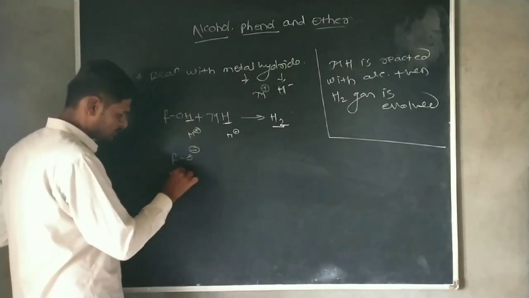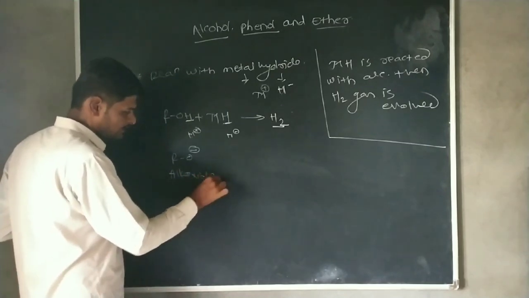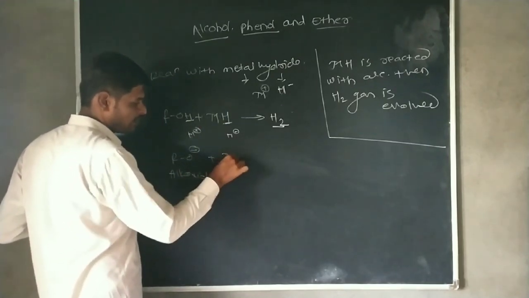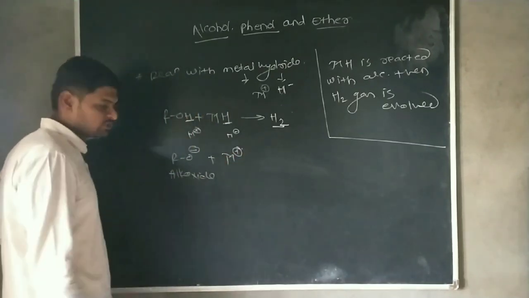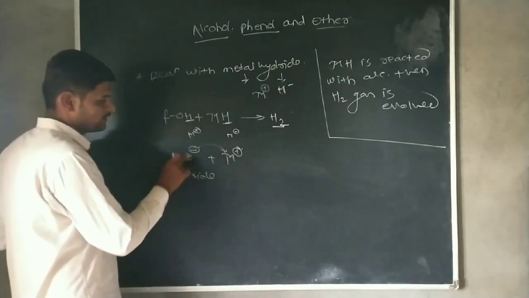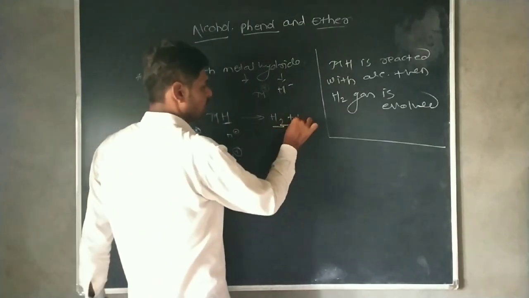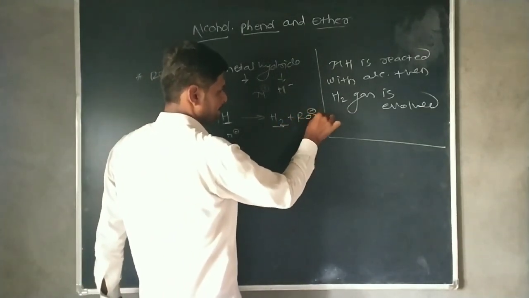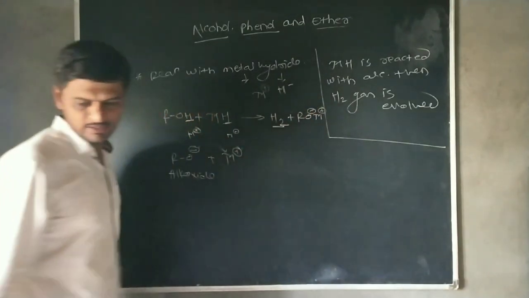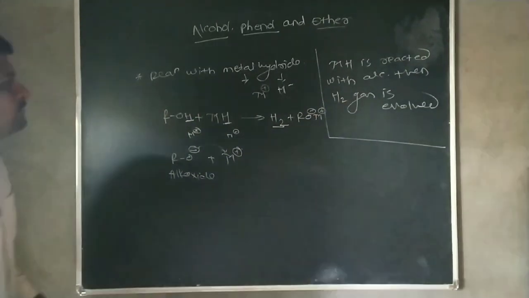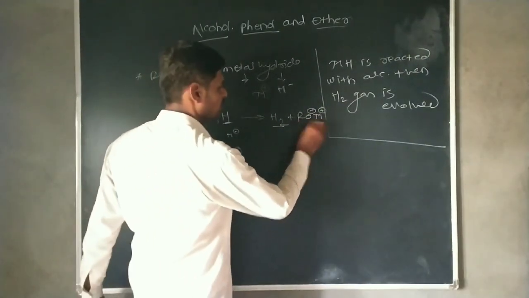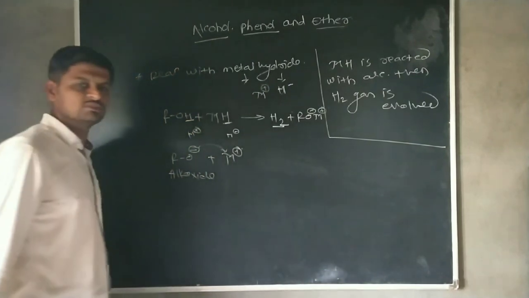This is an alkoxide ion, and the remaining alkoxide ion combines with the electron deficient metal atom. The oxygen of this alkoxide ion attacks the metal, then it forms the metal alkoxide.